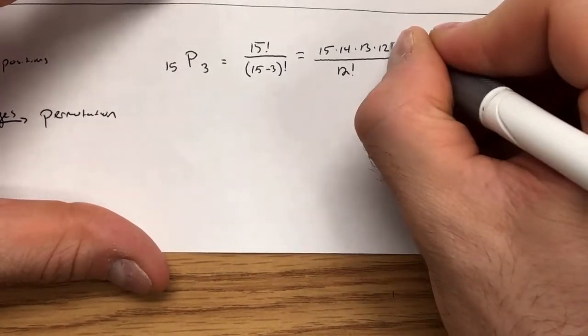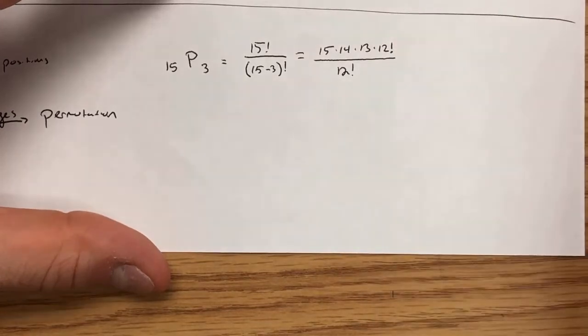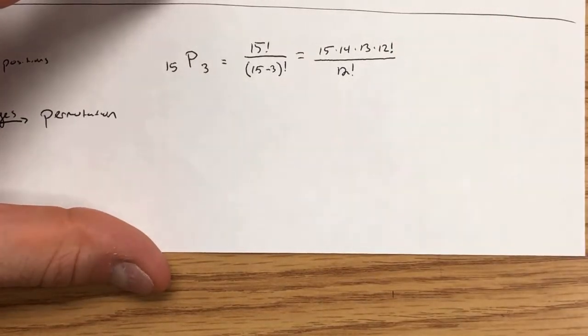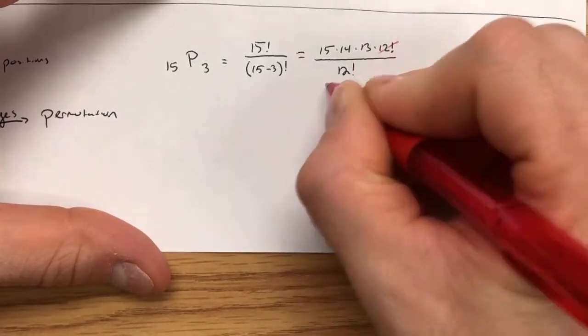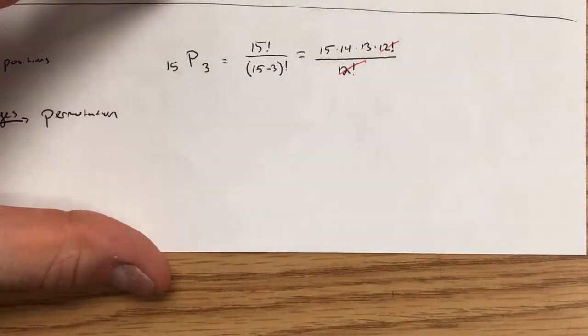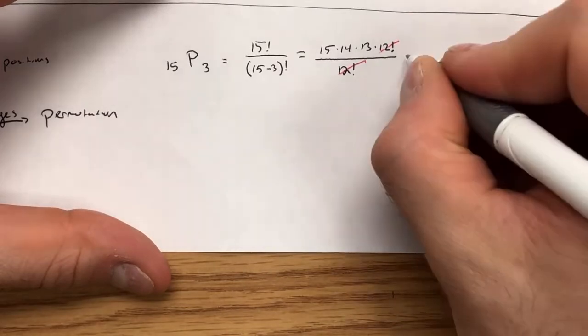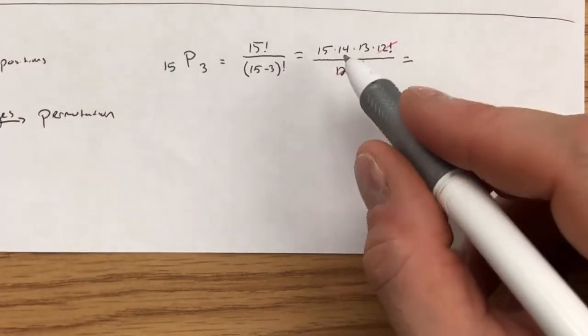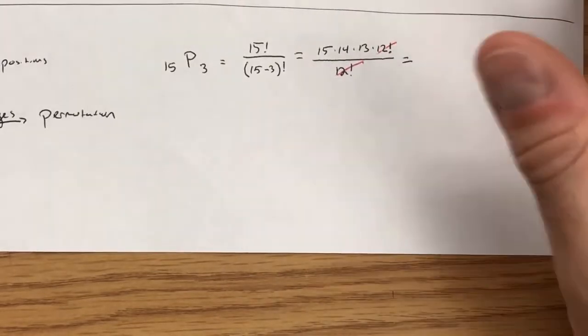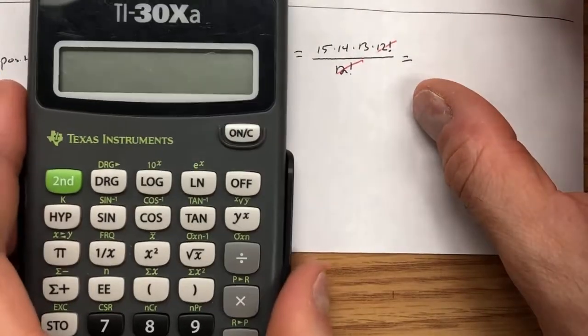But pause, isn't that what comes after this point right here? So we know that if I have 12 factorial on top and 12 factorial on bottom, those cancel out. My permutations, the number of different ways we can arrange this, is just 15 times 14 times 13. And so let's see what that gives us.